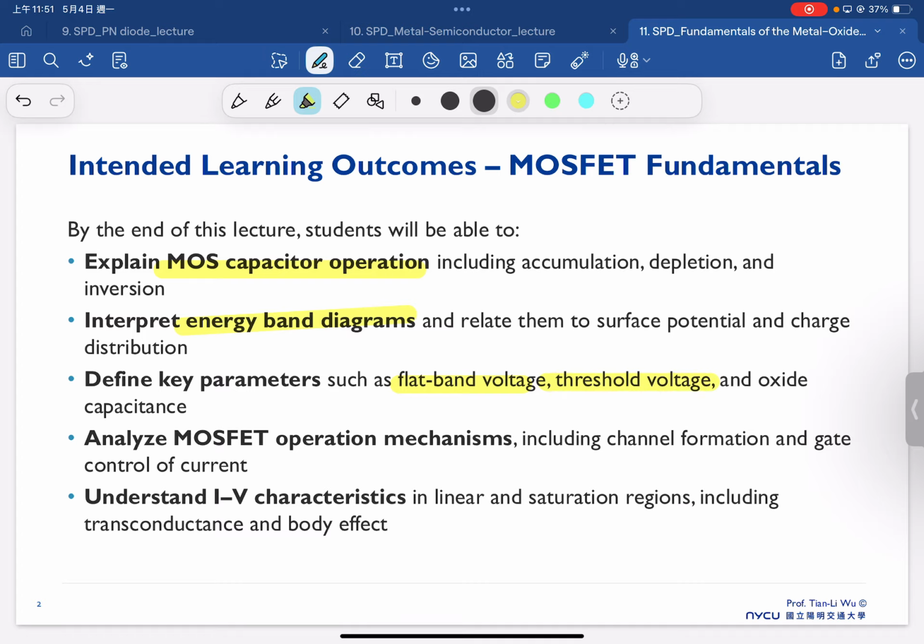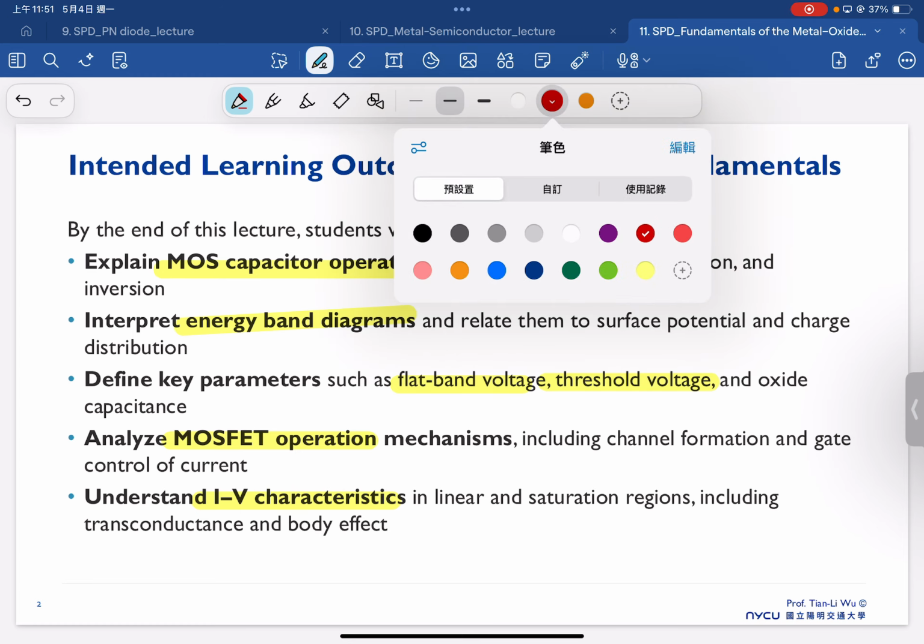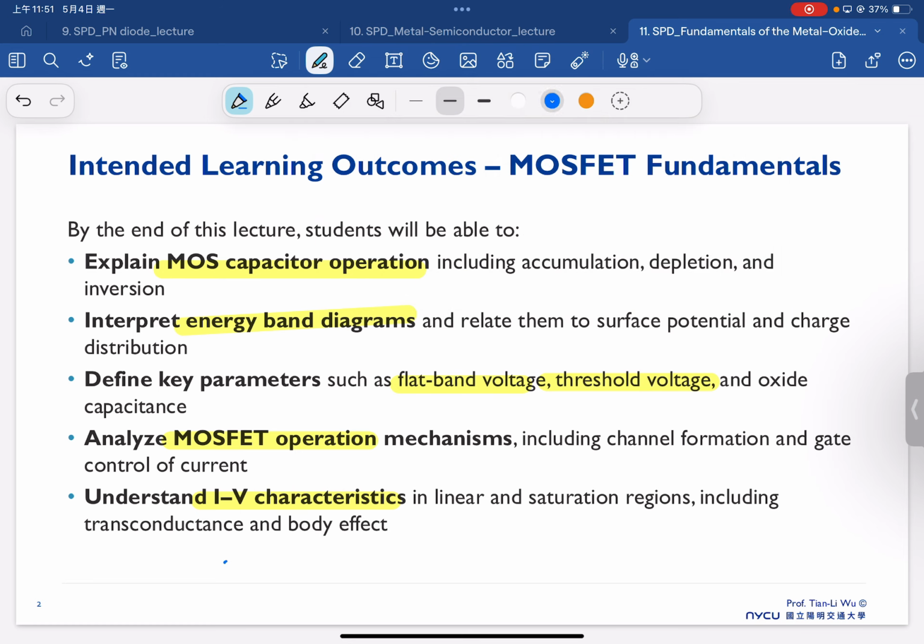We will also analyze the MOSFET operation mechanism and understand the IV characteristics, especially the ID-VG and ID-VD. In the ID-VD, there will be two different regions: one is linear, and one is saturation.